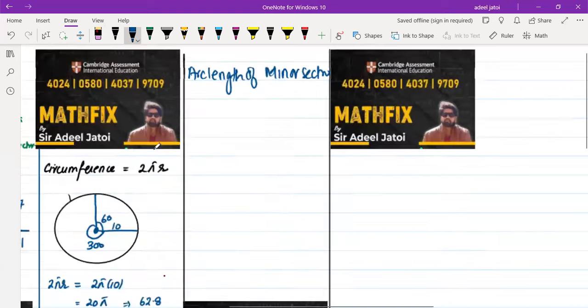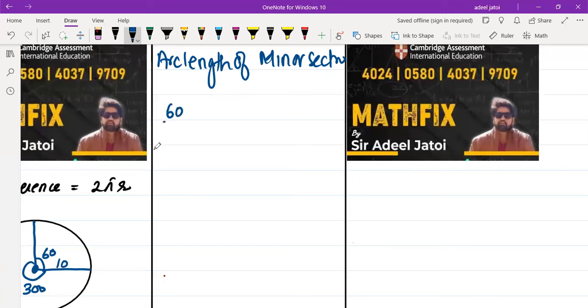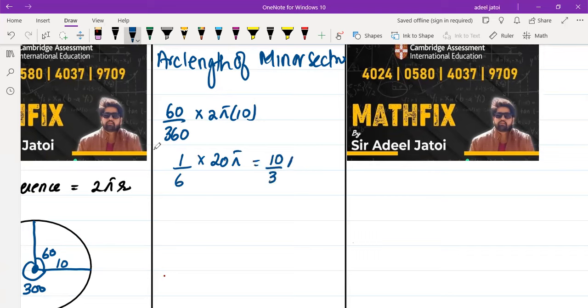So if I want to find the arc length of the minor sector, it will be 60 upon 360 into 2 pi 10, which is 1 upon 6 multiplied by 20 pi, which will be 10 upon 3 pi.